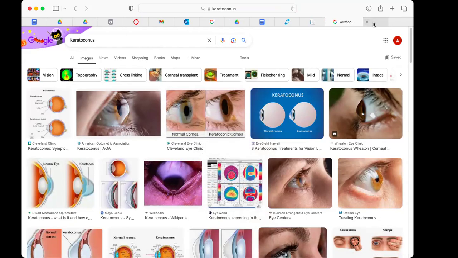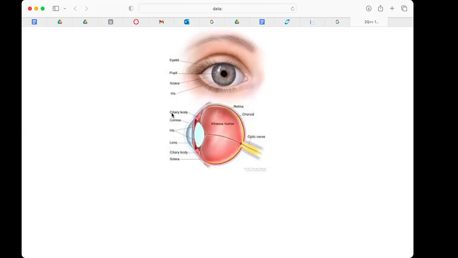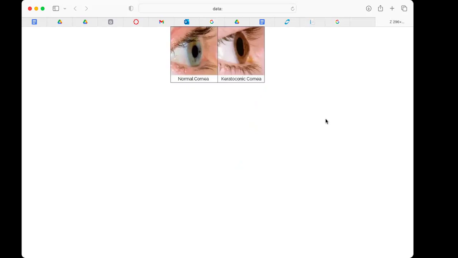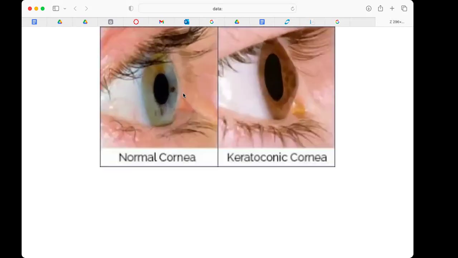So when we're talking about corneal reflex, we're talking about the cornea. The cornea is a transparent outer covering that protects the eye. So this picture can also help you to see. A normal cornea, you shouldn't really even see it, but it is just a transparent covering.